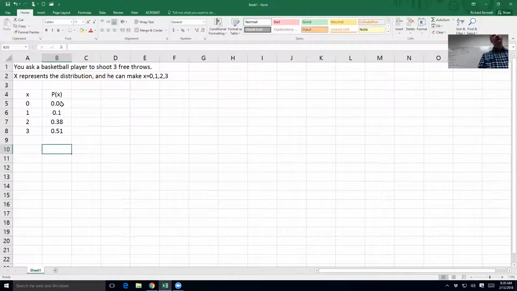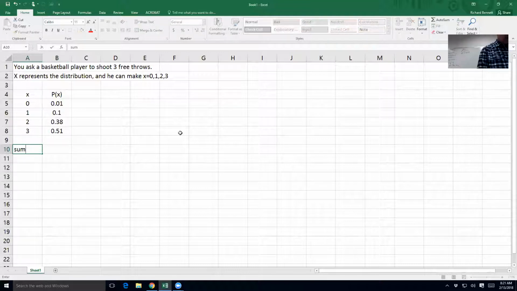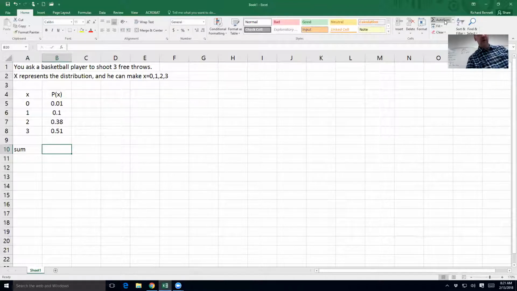Those are the probabilities: 0.01, 0.1, 0.38, 0.51. No? Why not? What are my rules? The sum of the probabilities should add up to 1. So I should see the sum of all of those adds up to 1.